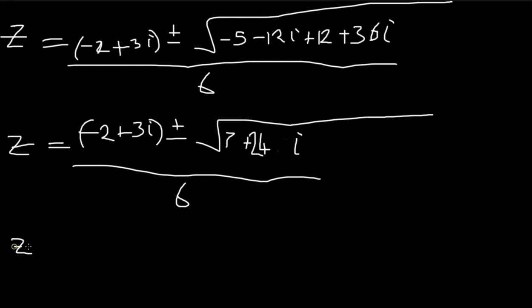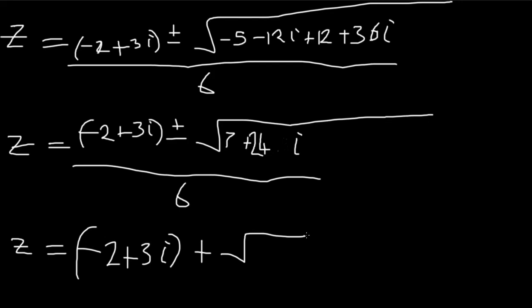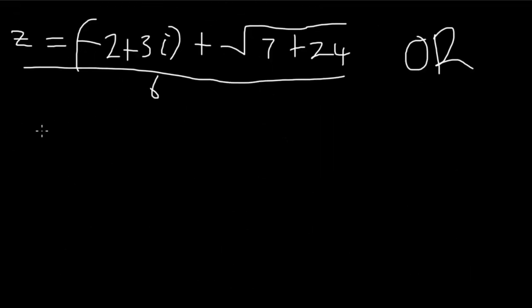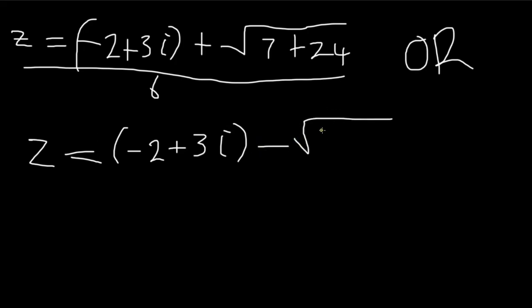You split your z is equal to -2 plus 3i plus, you can put them in brackets if you want, the root of 7 plus 24i, then everything over 6, or z is equal to -2, sorry, not plus this time, oh yeah, it's a plus there, plus 3i, then in brackets minus the root of 7 plus 24i.